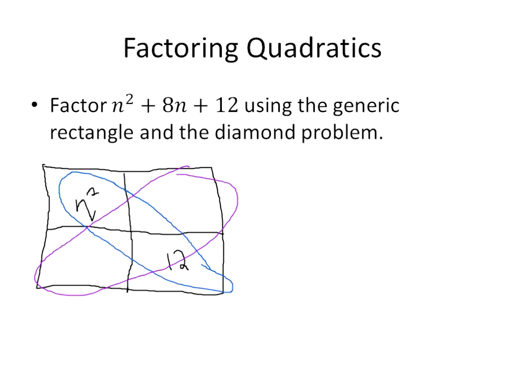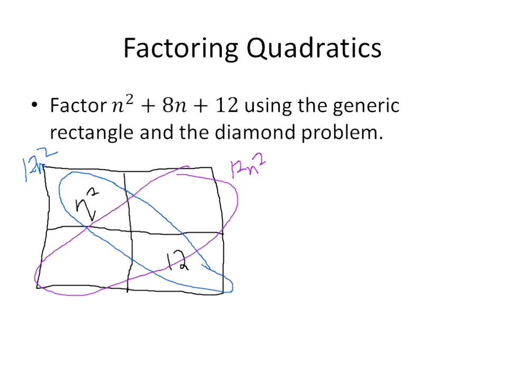So the answer for this section here in purple has to be 12n squared if I'm multiplying those two items together, because the answer for the other direction is also 12n squared. So whatever goes in those two boxes, it has to multiply together to make 12n squared. And that is part of the information we use as we work on our diamond problem.